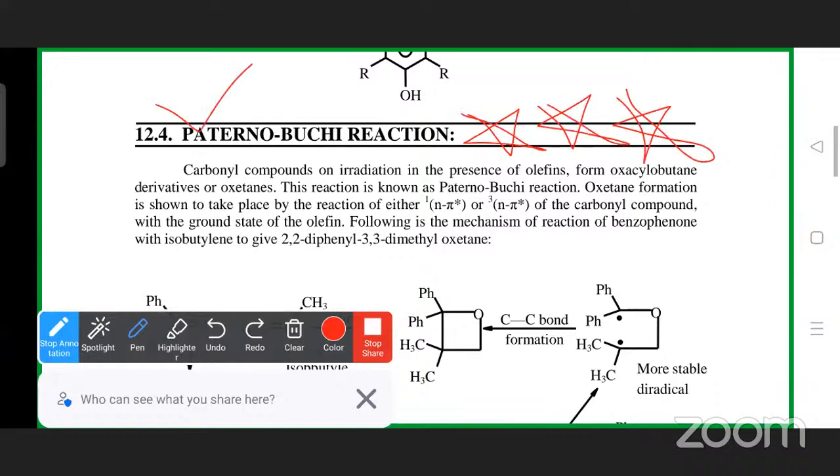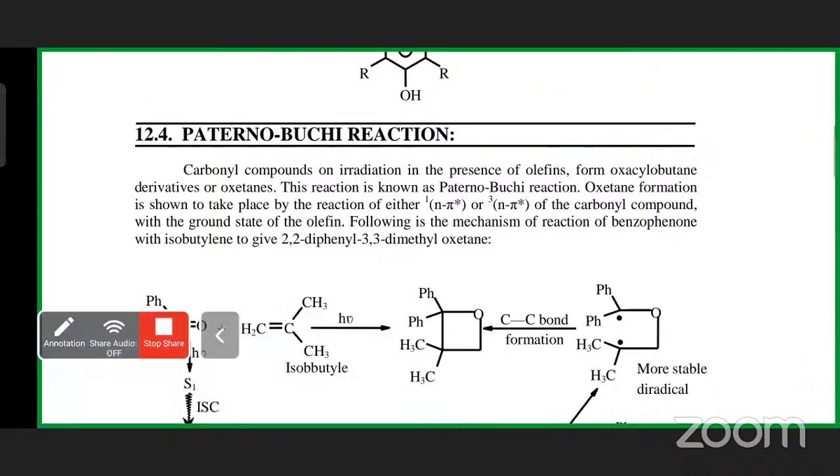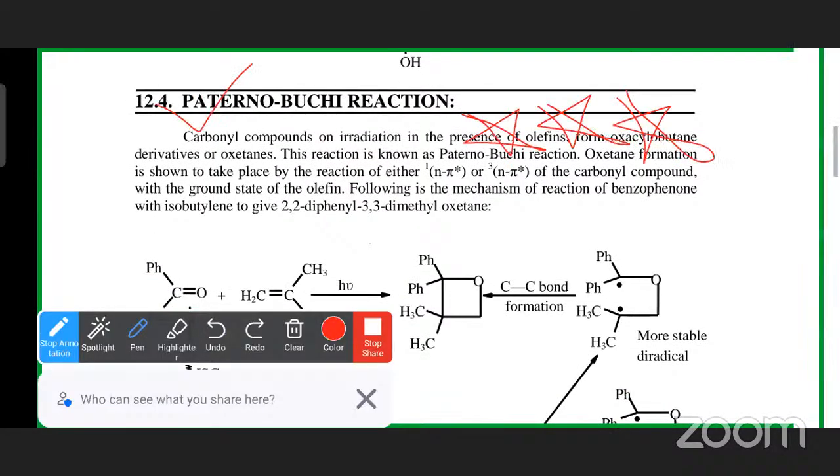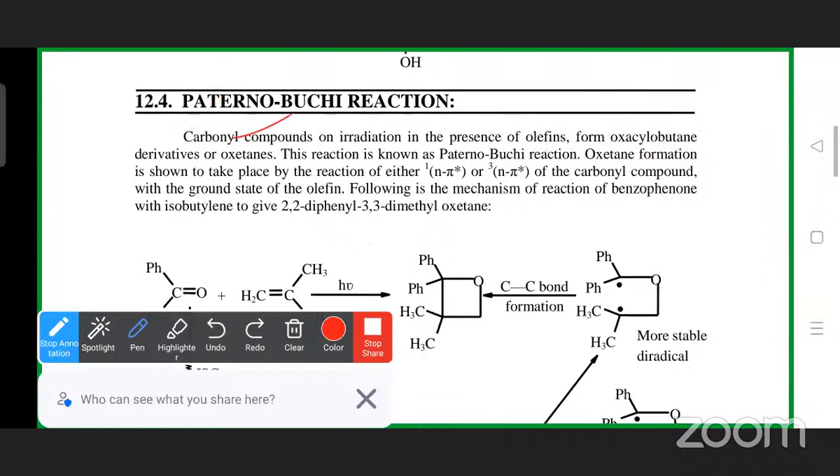The Paterno-Büchi reaction is an addition reaction, a photoaddition, between the olefin and the carbonyl compound.